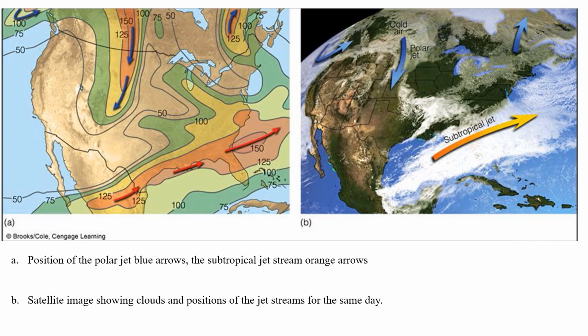The fast flowing air or jet core is represented by the heavy dark arrows. The map shows a strong polar jet stream sweeping south over the Great Plains with an equally strong subtropical jet over the Gulf states. You will notice that the polar jet has a number of loops.